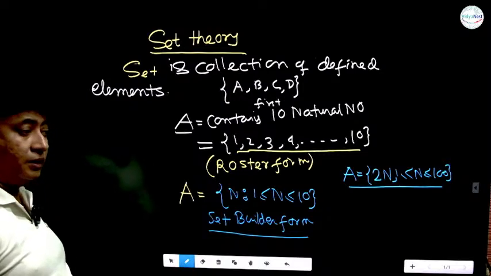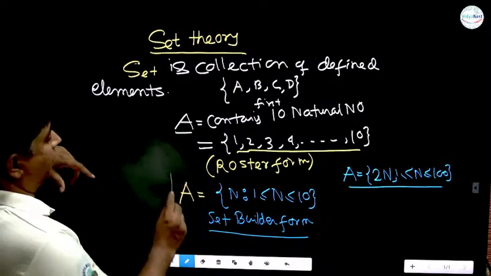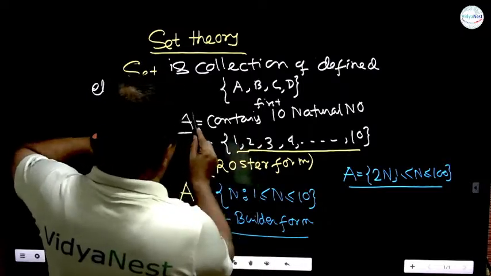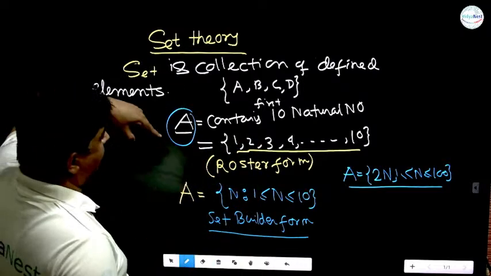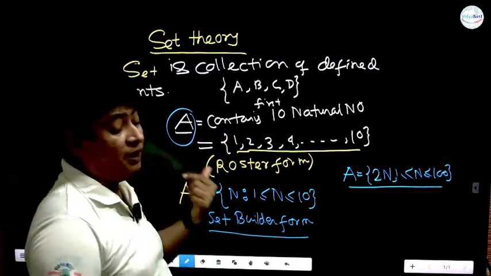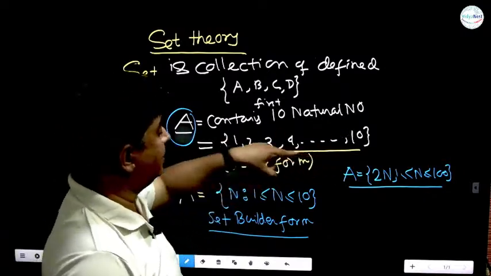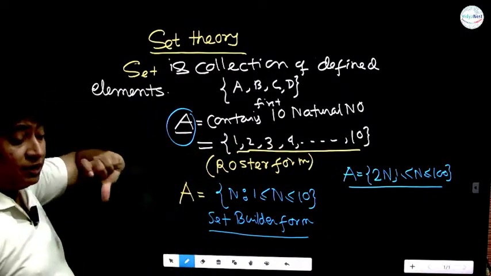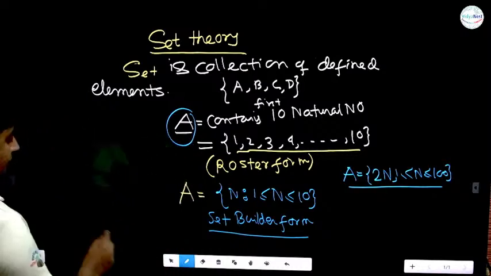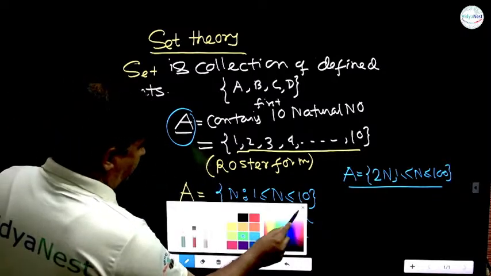Now, how many elements? Suppose this set is given and you are told to explain how many numbers are there in the set. That is called the cardinal number. Cardinal number. What is that?